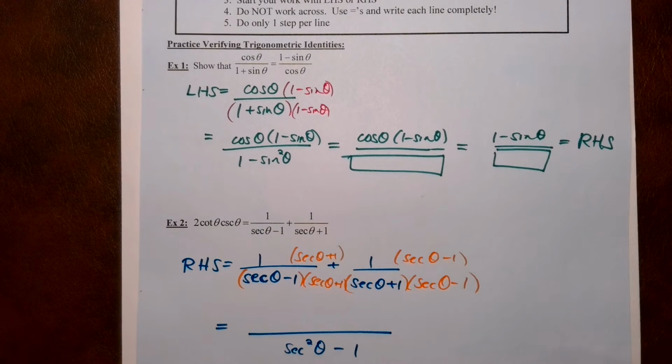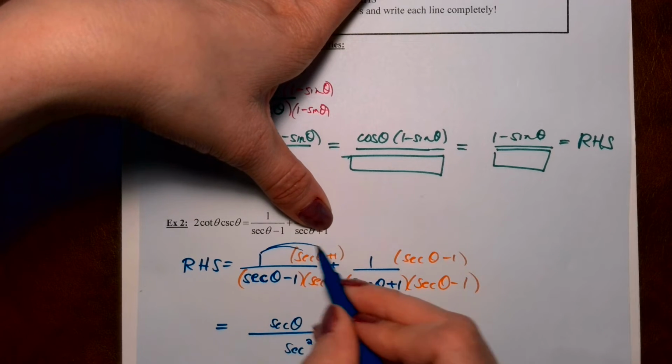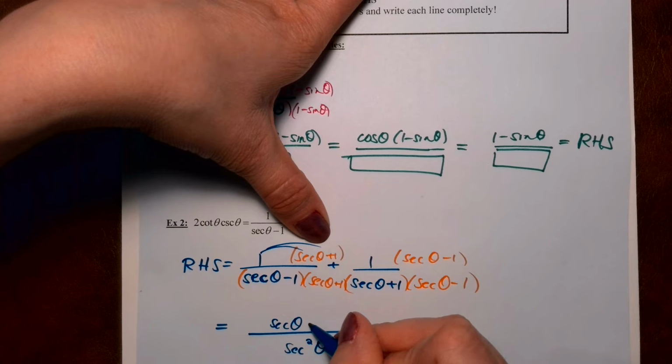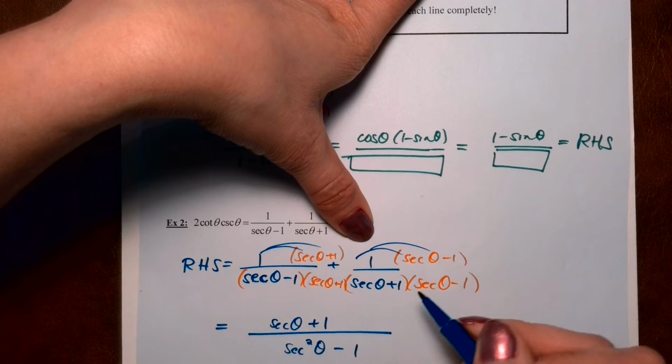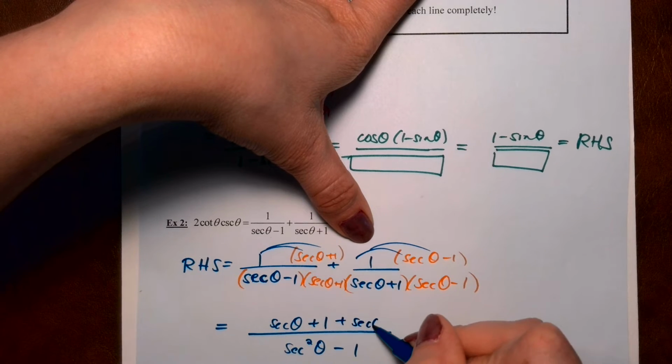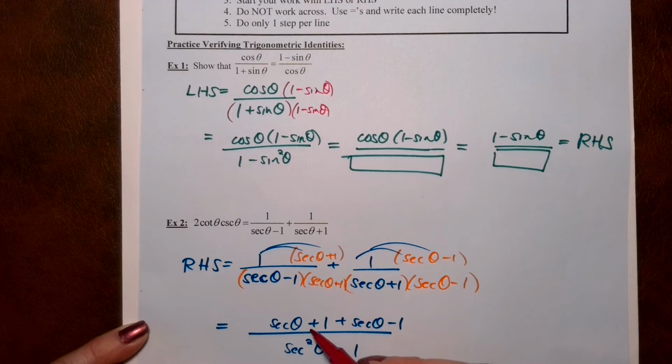Now what about the numerator? We have secant of theta. If you distribute a 1, that's just plus 1. And then here, this is a positive 1. Distribute a positive 1. That's secant of theta minus 1. So we do have some terms we're going to add together.